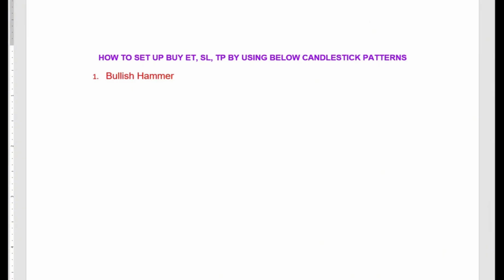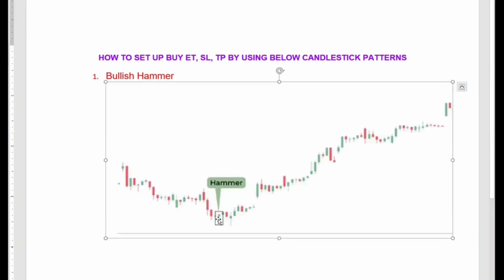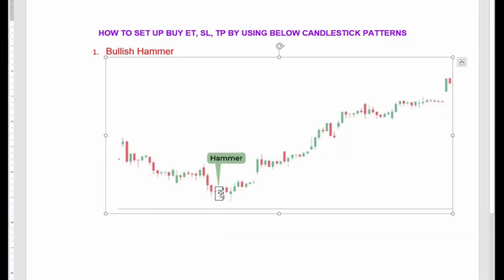Okay, so I will show you the photos of the hammer. Yeah, the small bullish candle here is called a hammer. You see that it has a small body and a very long lower wick, right?